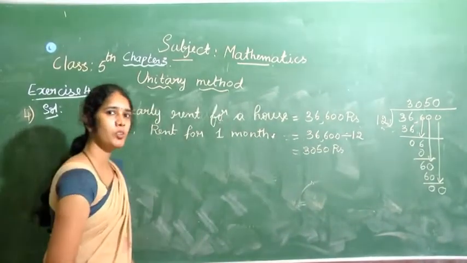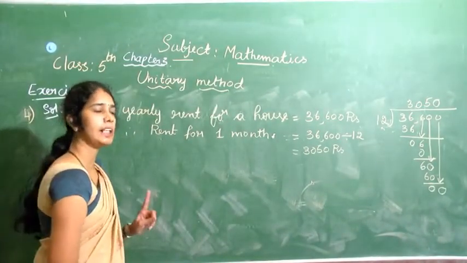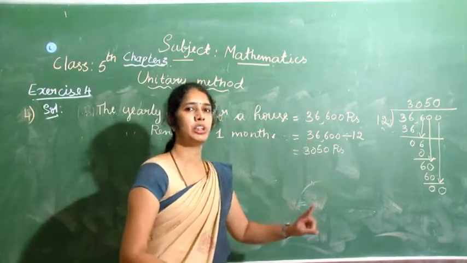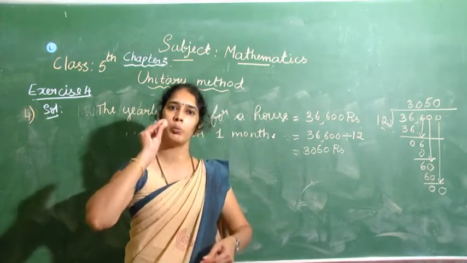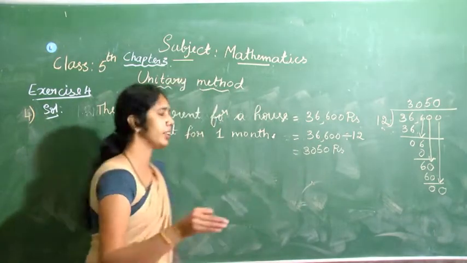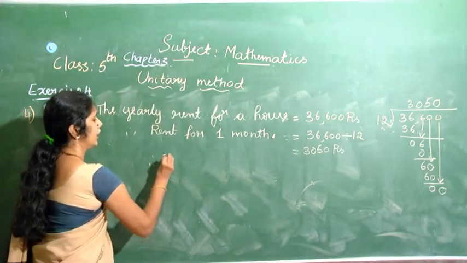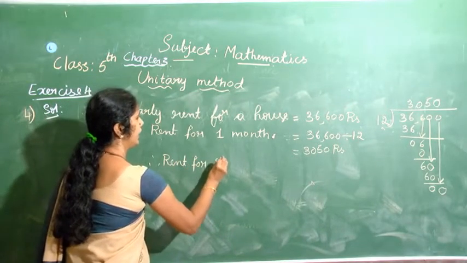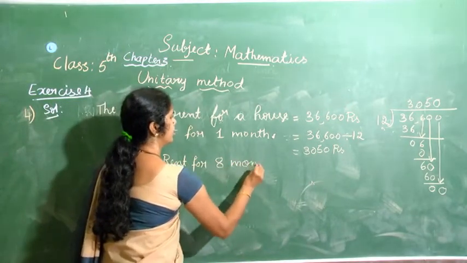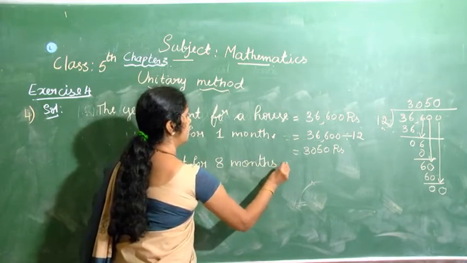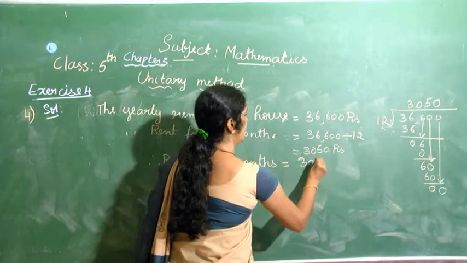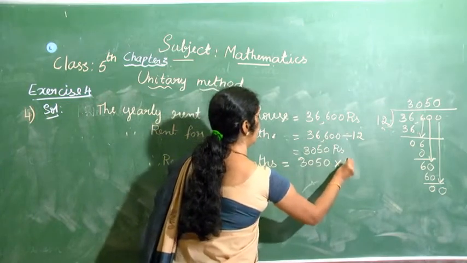But they have asked to find the rent for 8 months. So first is the division. Next I have to multiply this with 8. Therefore rent for 8 months equals 3050 into 8.